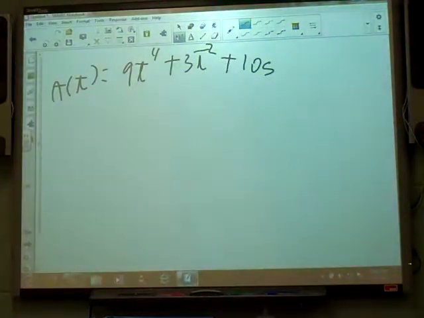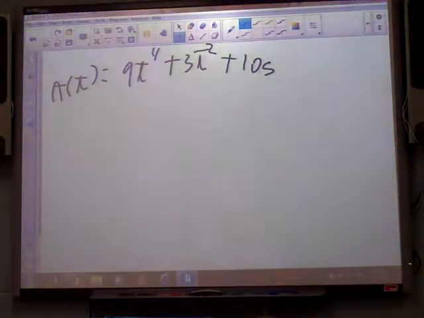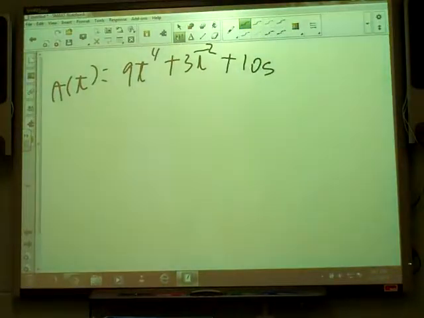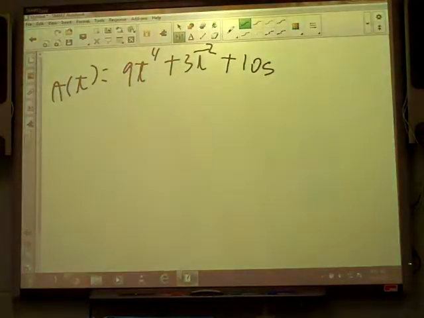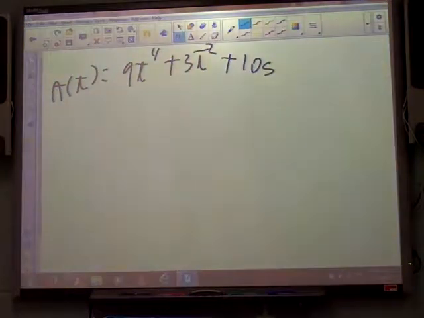Then it says on part B, in our new function, is it even, odd, or neither? Remember what we did when we tested them to see if they were even or odd? It had to do with something in the variable. What did we do to the variable?